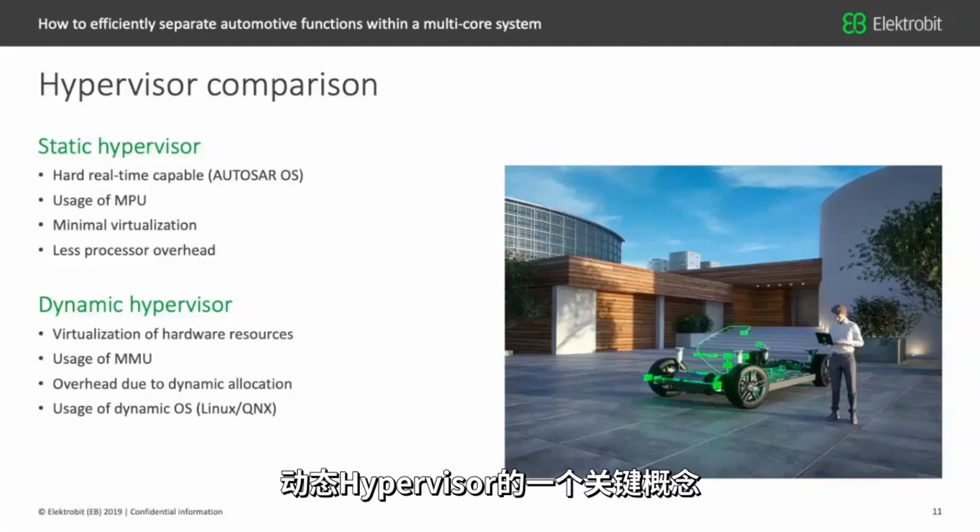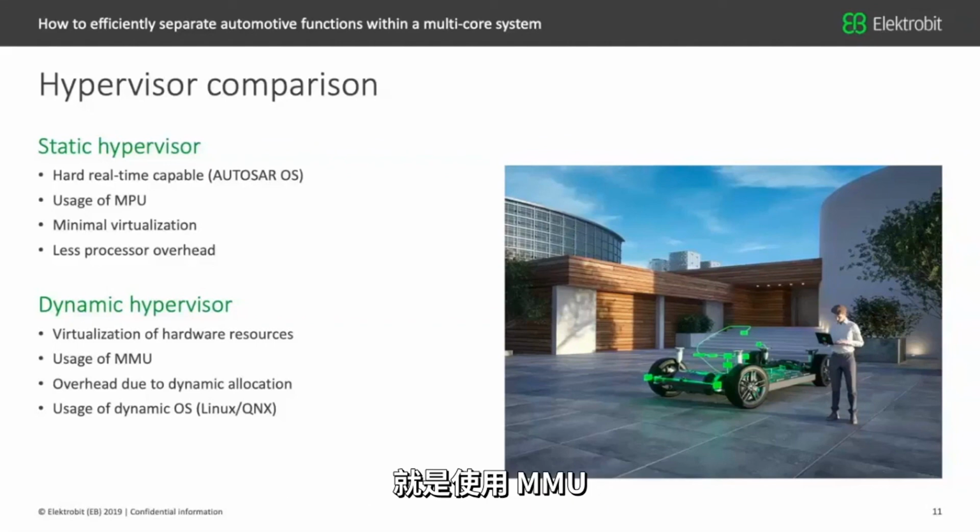One key concept for the dynamic hypervisor is the usage of the MMU. Each process has its own memory space, starting from 0 up to whatever is available, and that way it only sees what it is supposed to see.